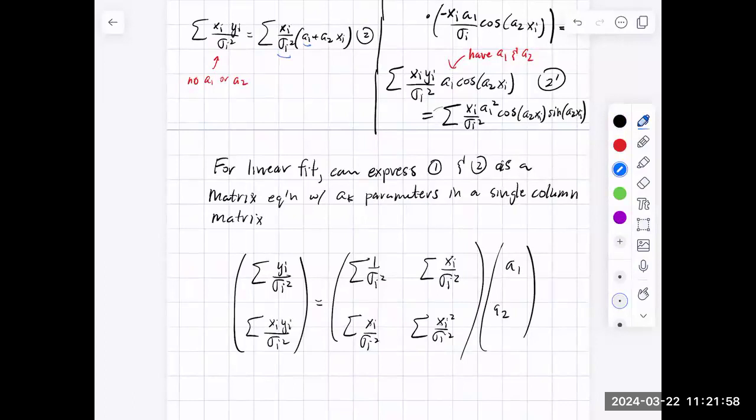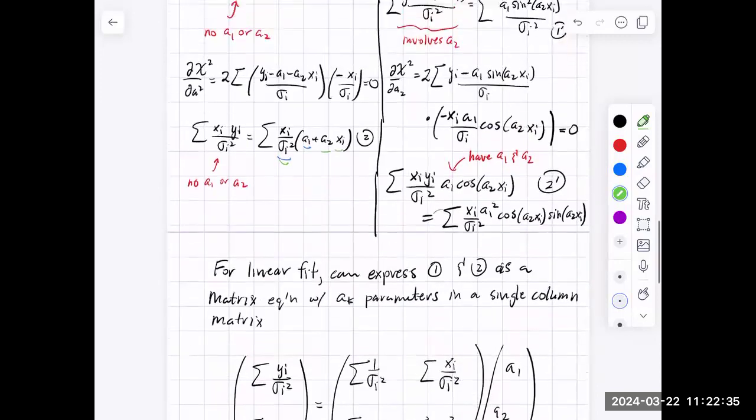And then this times this, we'd get a2 xi squared over sigma i squared. And so we can confirm that the second multiplication gives the second equation. The first multiplication would give the first equation. And obviously, we would invert the square matrix, multiply over here, and then we would isolate for our unknown parameters.